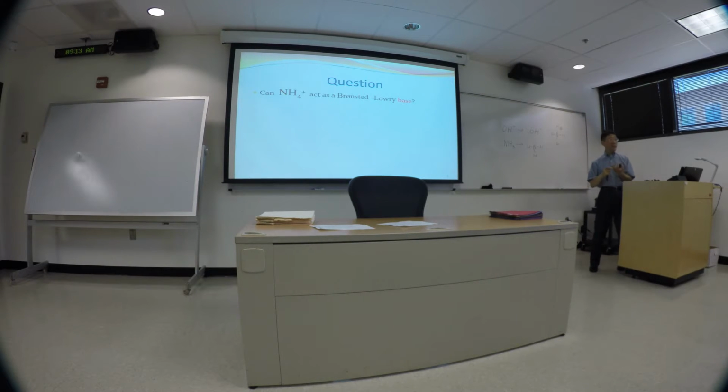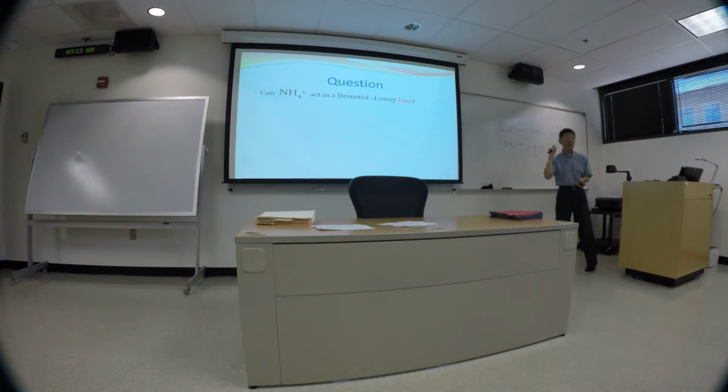Then we have Lewis acid, Lewis base, Arrhenius definition, Arrhenius acid, and Arrhenius base. And each definition focuses on a different perspective. Okay, so the Bronsted-Lowry definition focuses on the transfer of the proton. If something can donate a proton, that's an acid. If something can accept a proton, that's a base.